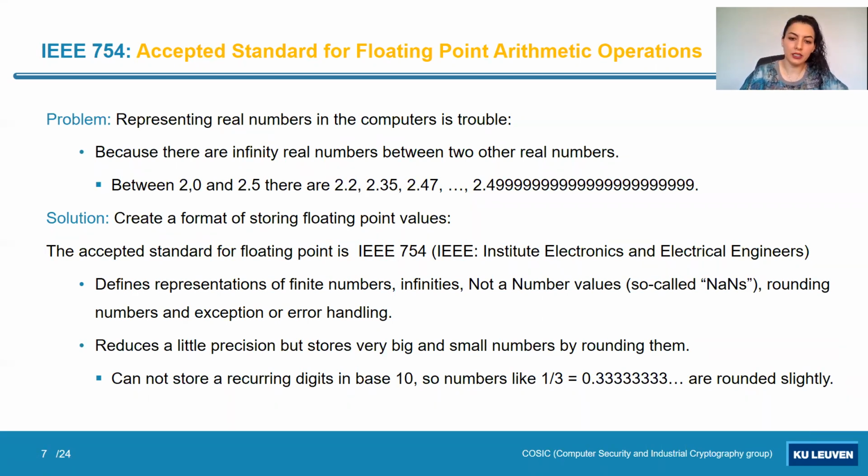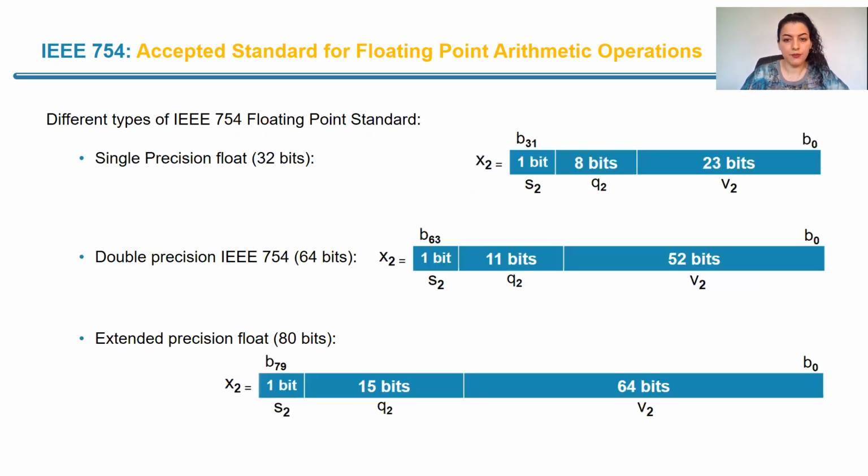They are not perfect, but they are very good because they round numbers to the nearest number. In this way, by losing a little bit of precision, they can store a lot of numbers, small and big. Here are three different types of IEEE 754 floating point standard.